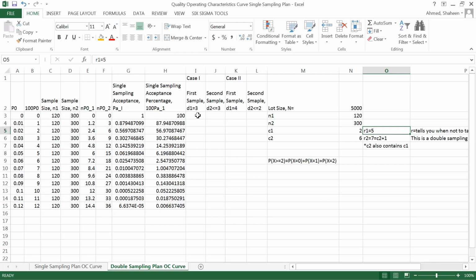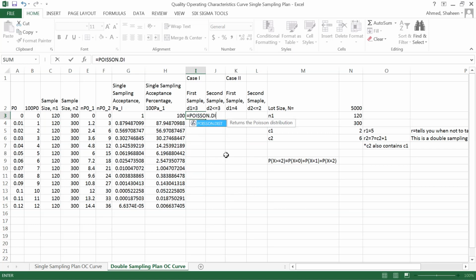So let's go ahead and calculate all this probability. I'm going to calculate the probability of getting 3 defective in the first sample, equals Poisson.dist, and then 3 defective in the first sample.